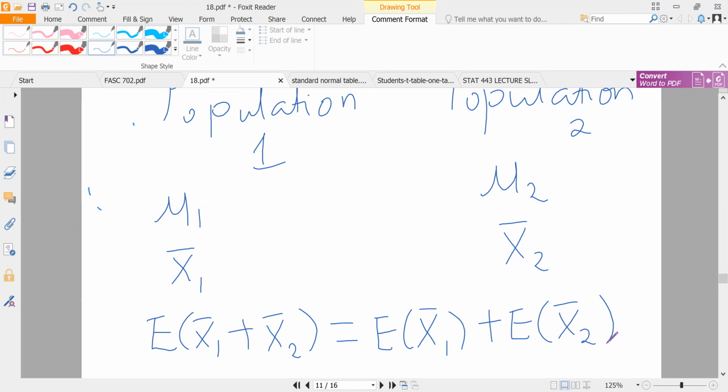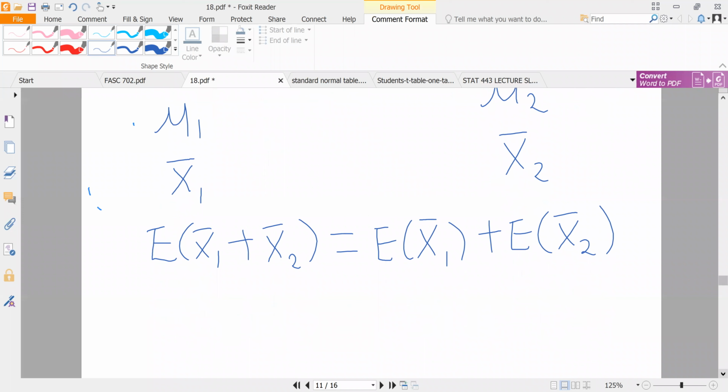Remember, X bar 1 and X bar 2 are sample estimators of the population means respectively, X bar 1 for population 1, X bar 2 for population 2. And because the two populations are independent, this rule of expectation is true.